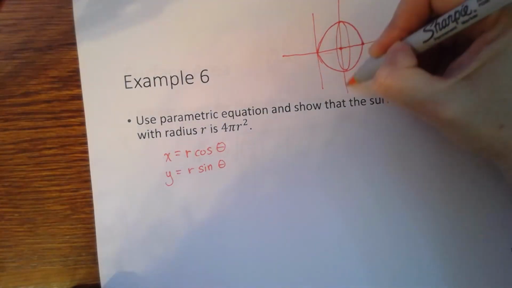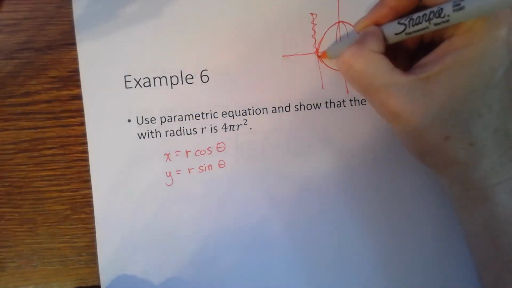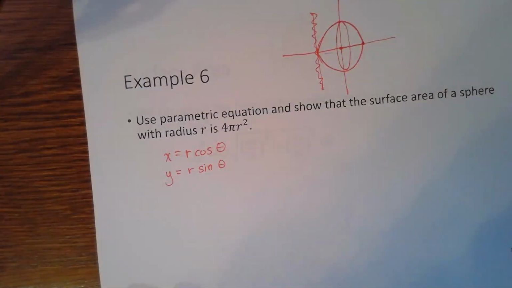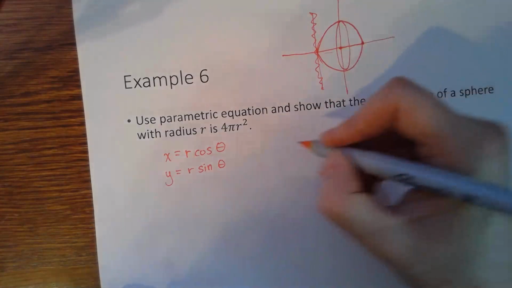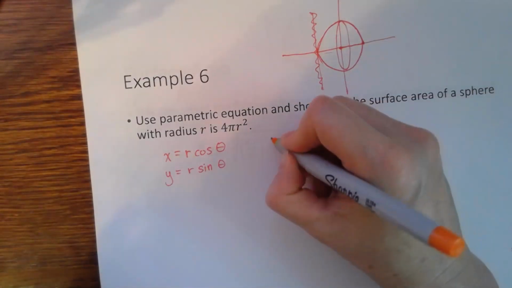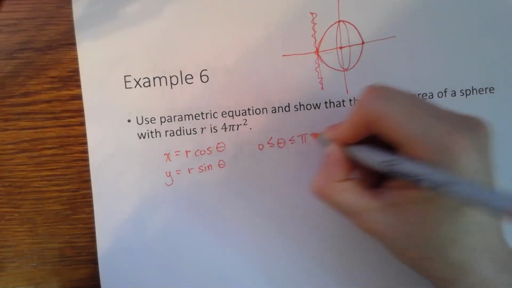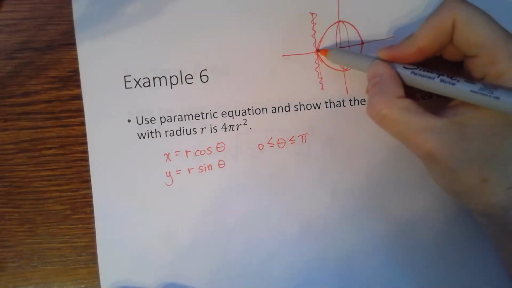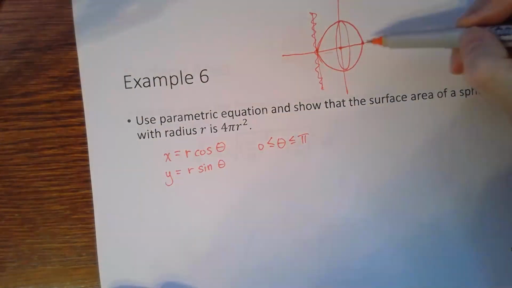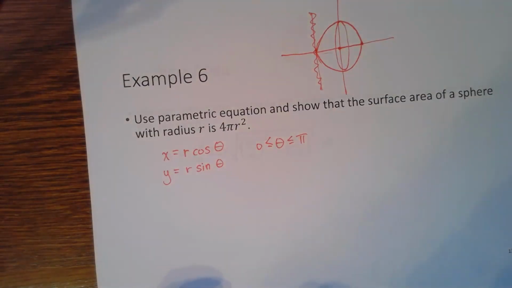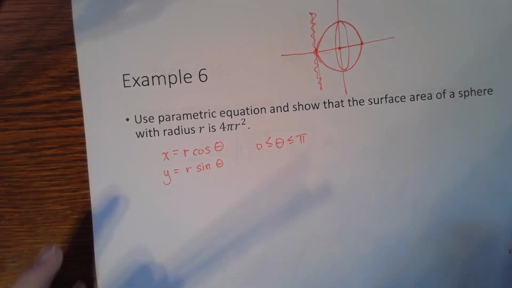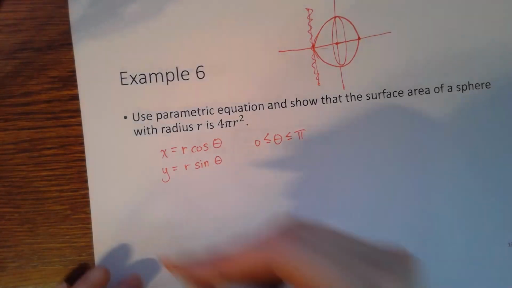So that would be with the axis there, not here. If I only want half the circle, then I have to restrict my theta between 0 and pi. That'll just give me this portion, and then I can take that semicircle and rotate it around the x-axis to give me the full sphere that I'm looking for.